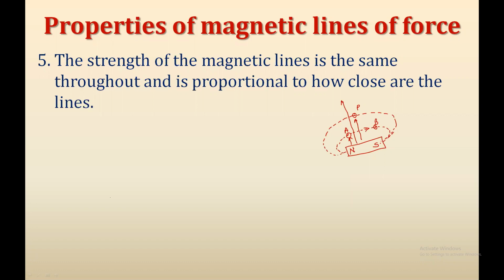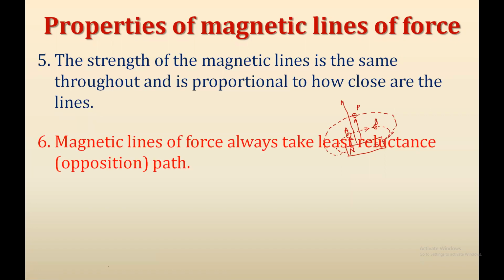Get it my point? Now, if you go to the next property, the magnetic lines of force always take the least reluctance path. Reluctance means opposition. The movable part in the magnetic circuit is the magnetic lines of force, and in the DC circuit, we call it current.